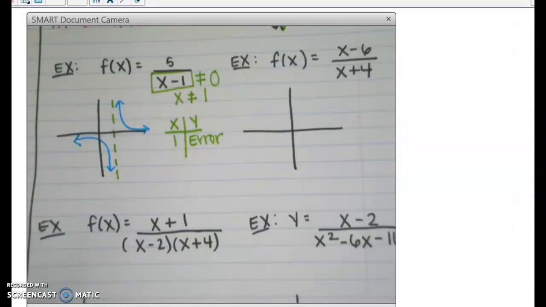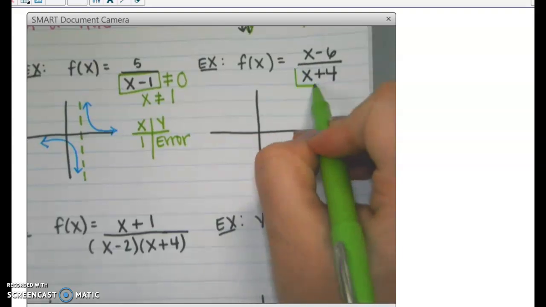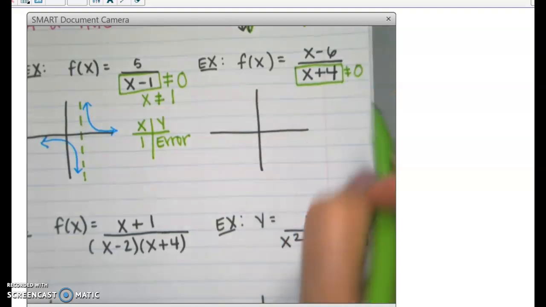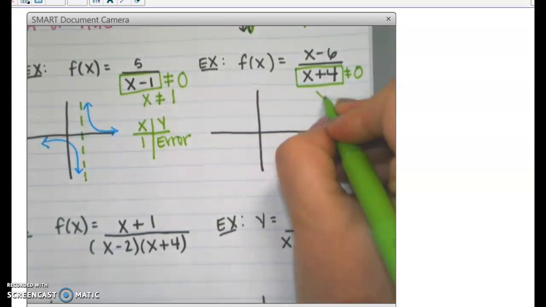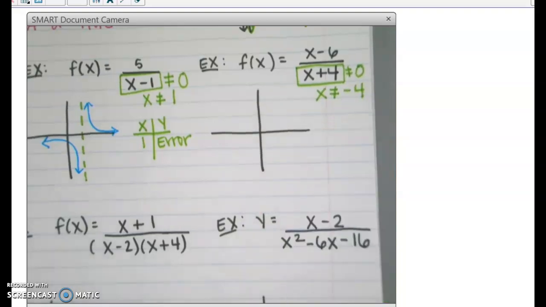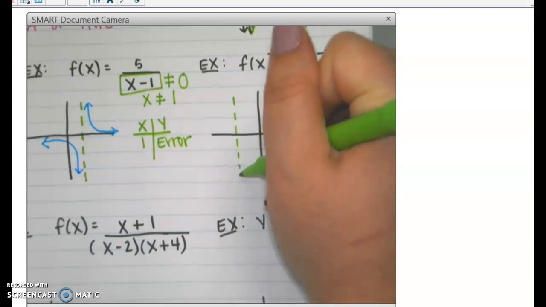All right, another example, we have x minus 6 over x plus 4. Try this one. Where do you think I'm going to have a vertical asymptote? Where do you think I'm going to have that break in the graph? If x plus 4 is not allowed to equal 0, x cannot equal negative 4. Negative 4 is the one I have to skip.